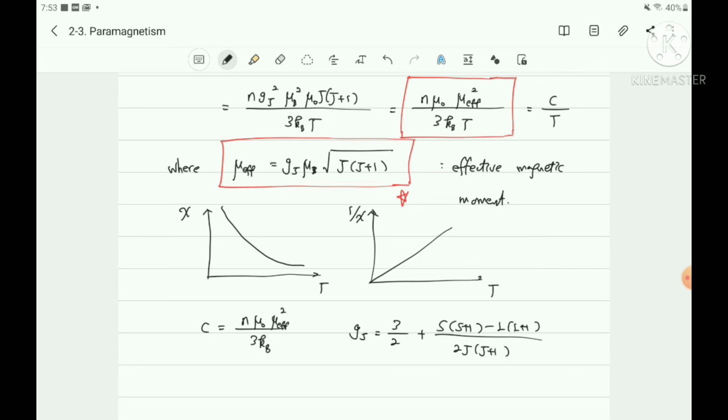Therefore, by measuring the magnetic susceptibility versus temperature, we can estimate the total angular momentum of the system. Therefore, it is important in experiment.